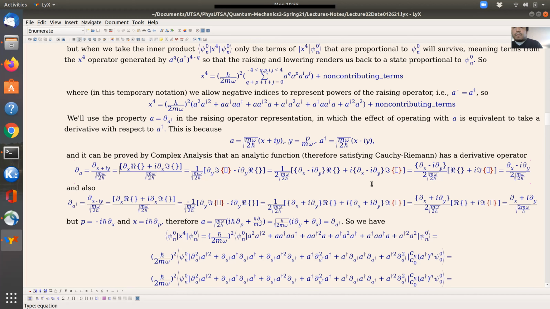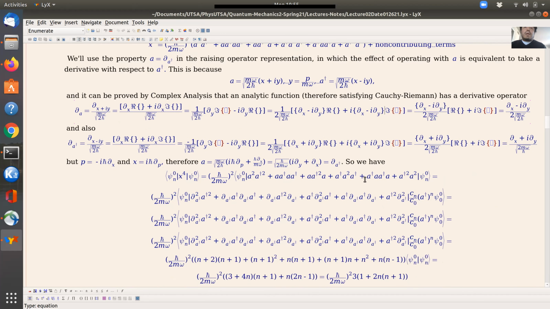let me go back to this part. Yeah. That would render you this operator. So this has come from the application of Cauchy-Riemann, and the representation would be dx minus i dy over 2 square root of m omega divided by 2 h bar.